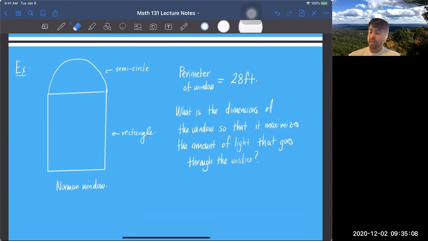Sorry, what are, not what is. What are the dimensions?